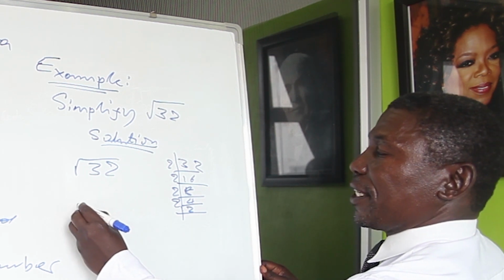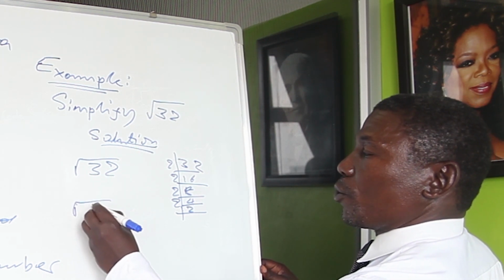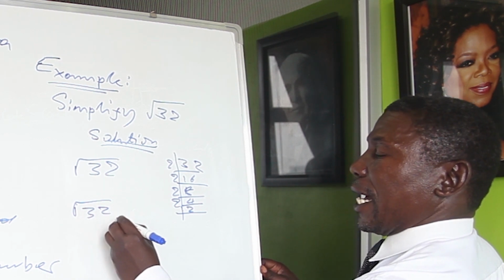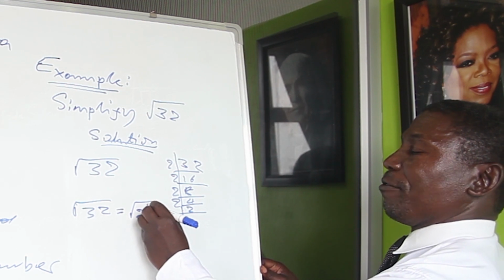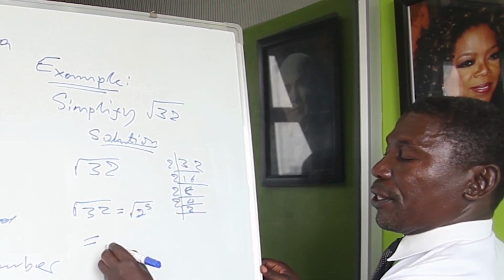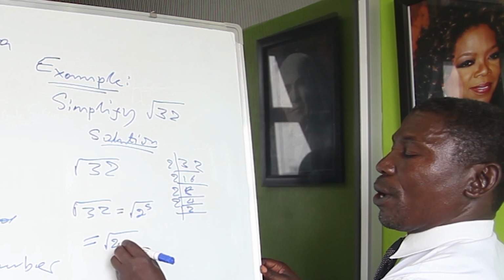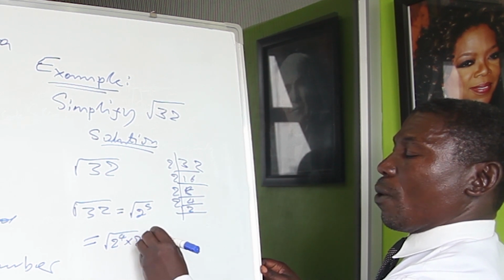So here we shall be having the square root of 32 as equal to the square root of 2 power 5. And this one will be the square root of 2 power 4 times 2 power 1.